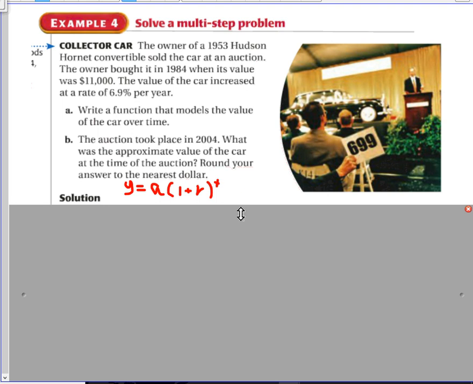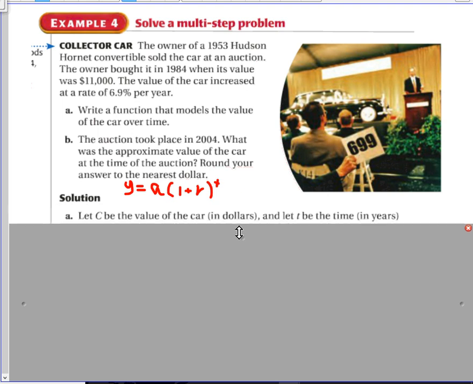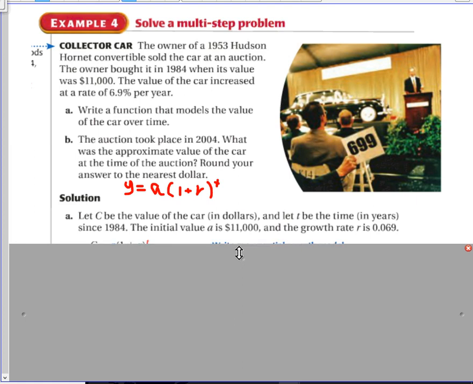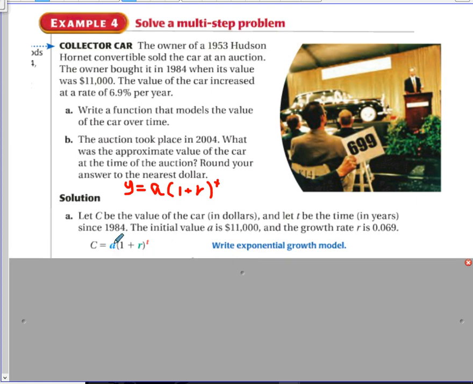And I'm going to start plugging in some information I know. Right away, I know that my A value, my beginning value, is what the owner bought the car for. So that's that $11,000. I also know the rate. The rate is 6.9%, which I can rewrite as a decimal, which would be 0.069.